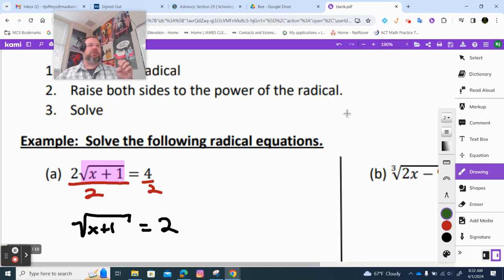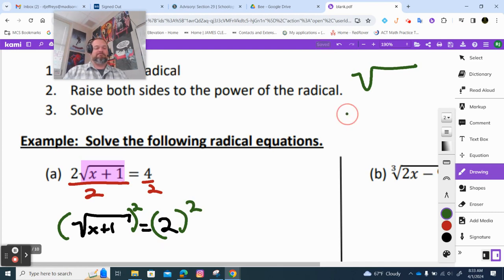What is understood to be right there? A 2. This is a square root. Unless it's written, it's understood to be a 2. So we square both sides.